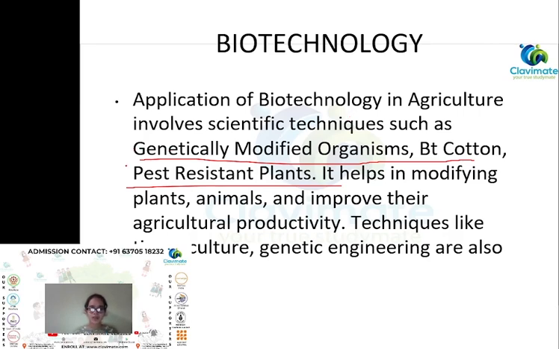These are really important because in order to increase the production of food, these types of improvements need to be done for the crop so that the produce can be increased and the quality is also improved. It helps in modifying plants and animals and improving agricultural productivity. Several techniques like tissue culture and genetic engineering are also used.